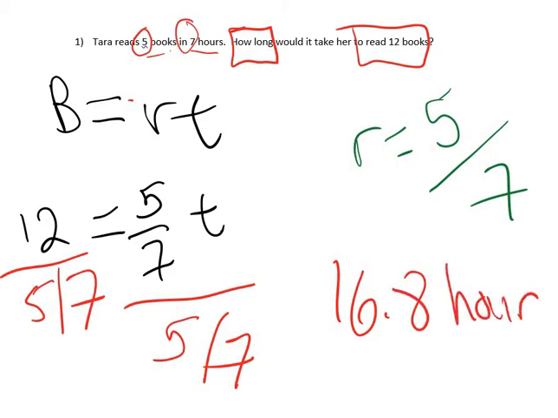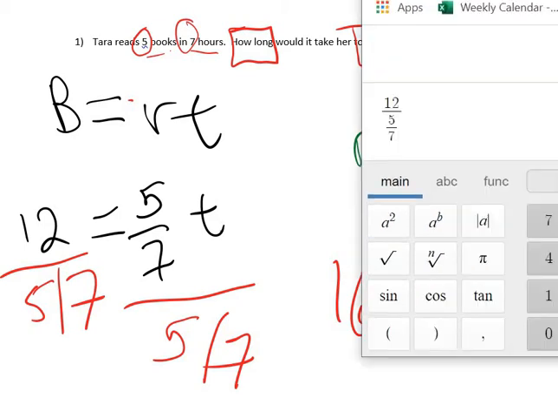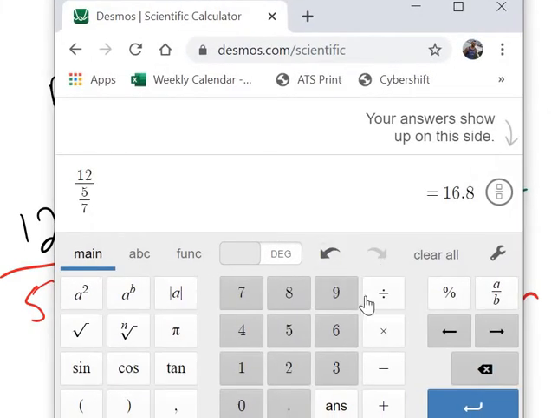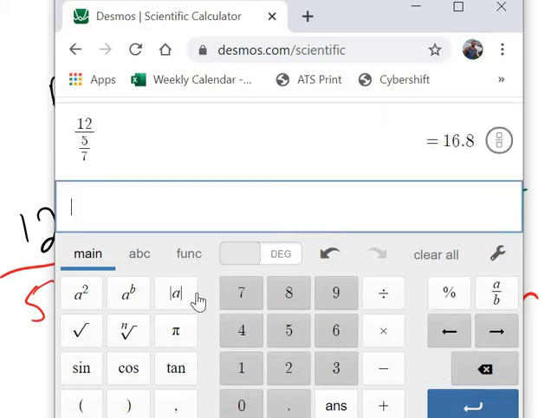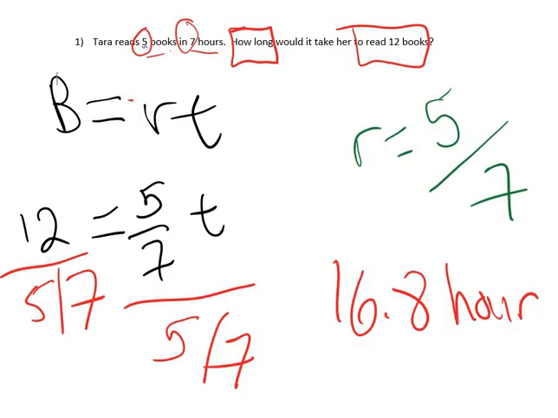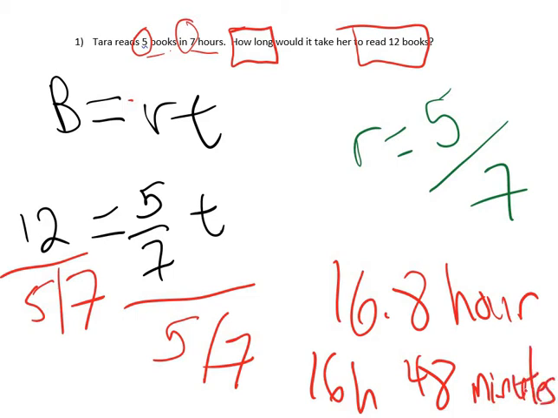And if you wanted to know what 0.8 is in minutes, because 1 hour is 60 minutes, you would just do 0.8 times 60 minutes. So it takes her 16 hours and 48 minutes. But 16.8 hours is fine.